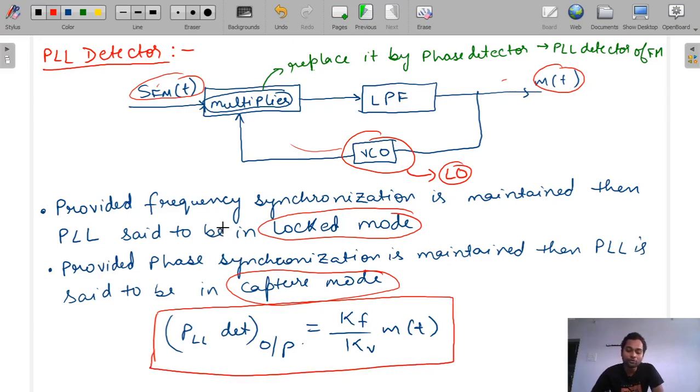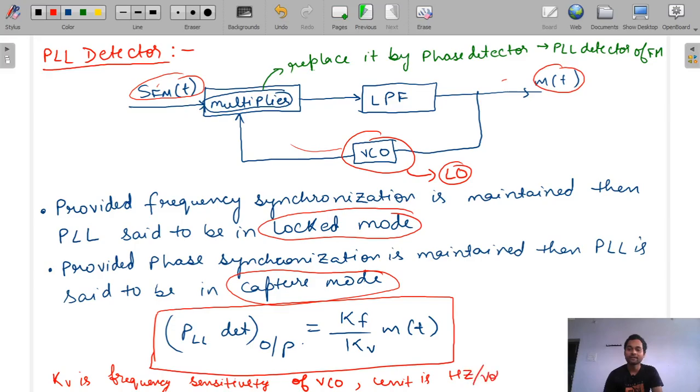Kv is the frequency sensitivity of VCO, that is voltage control oscillator, and its unit is hertz per volt, and Kv is the frequency sensitivity of FM signal. Okay.